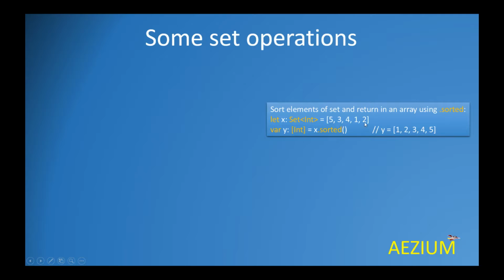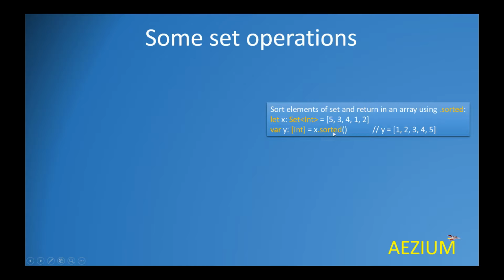So here we see the contents of x which are not ordered, but after applying dot sorted to x, the generated array is 1, 2, 3, 4, 5, which is a sorted version of this literal, and that value which is returned by dot sorted is assigned to y.